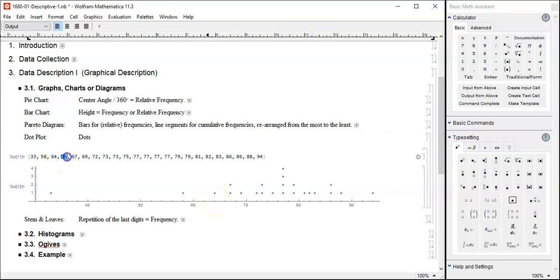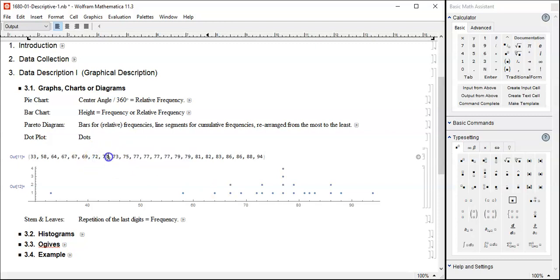Now, we have 67 and another 67. We need 2 dots at 67. 67 here, we need 2 dots, so we have 2 dots. Make sense? And then 69. Now we have all these in the 70s.